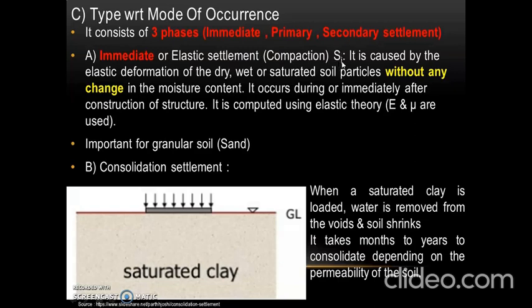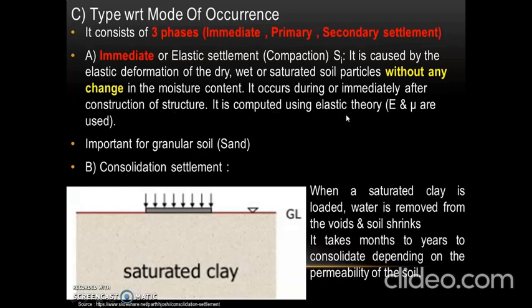I stands for immediate. This is caused by the elastic deformation of the dry, wet or saturated soil particles without change in moisture content. That means during elastic settlement there won't be any removal of water from the voids. And this type of settlement usually occurs during or immediately after the construction of the structure.